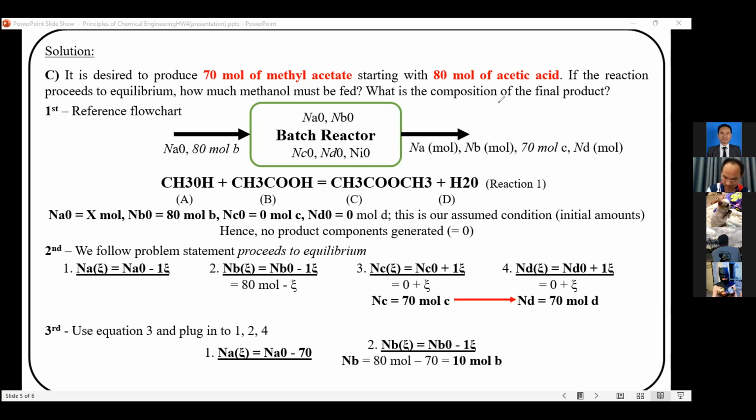Sorry, you're right. This is 80 minus 10 divided by 80. This is the inlet, and this is the outlet. This is the conversion, about 70 mole of B converted to the product. That's right, 70 divided by 80.